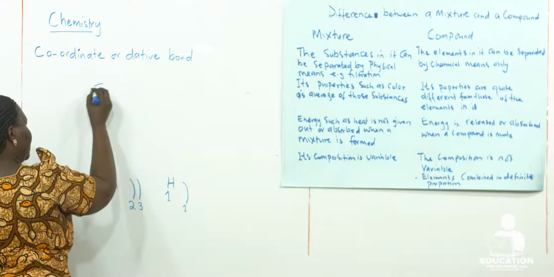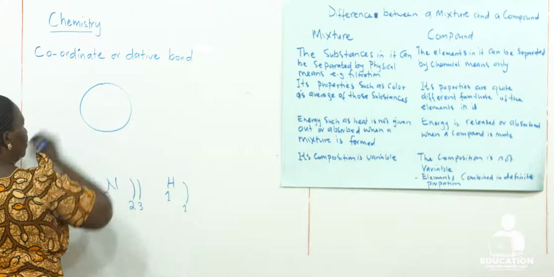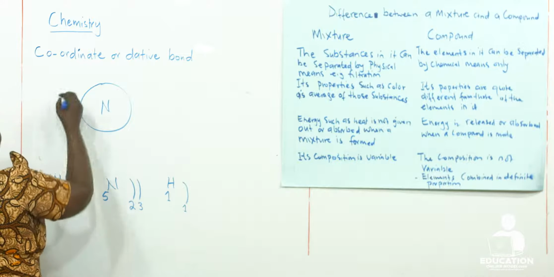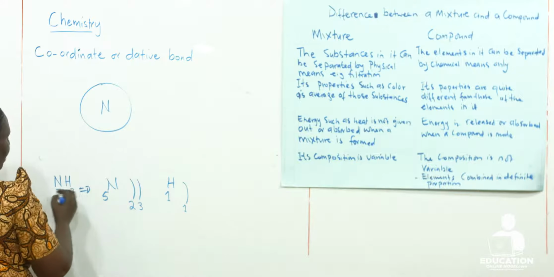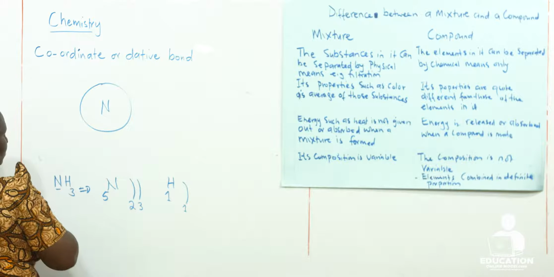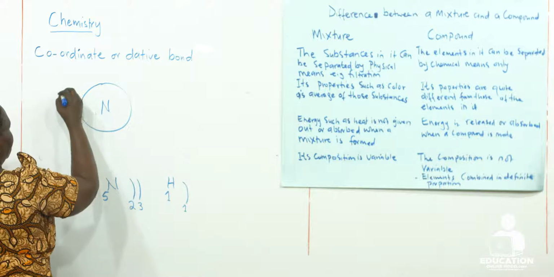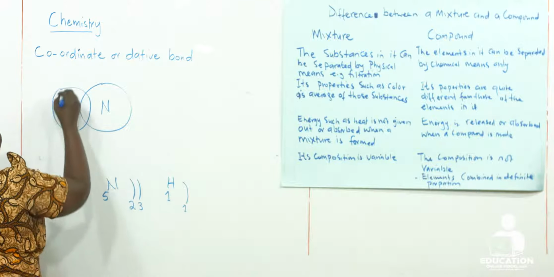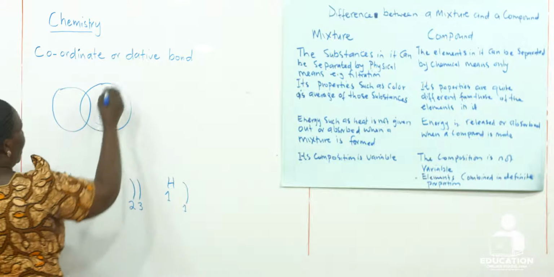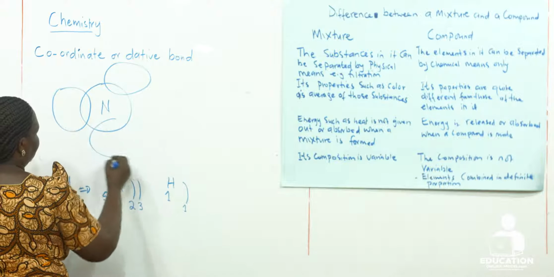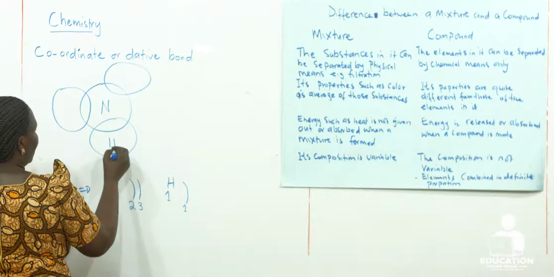We put it in a form of this structure. We have this one is the nitrogen atom. Then in ammonia we have 3 hydrogen atoms. We put one this side, and then the other one, and then the third one. So these are hydrogen atoms.